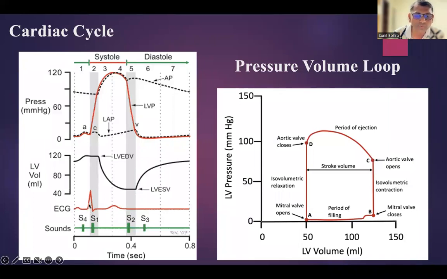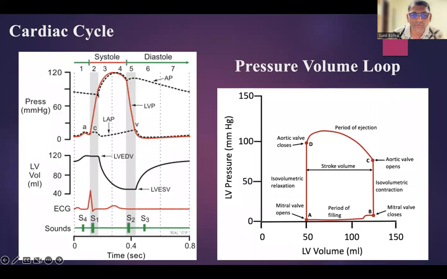I'm sure all of us know that at the peak of the R wave is the mitral valve closure, which happens. And then there is this gray band, which is the isovolumic contraction time. Here the mitral valve closes and the aortic valve is still closed. And there is an increase in pressure, the isovolumic contraction, which happens.